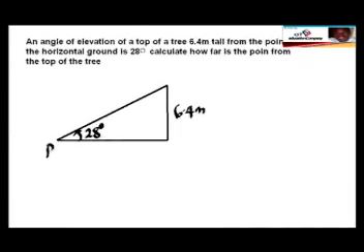This is the point P, this is the bottom of the tree, and this is the top of the tree. And they say calculate how far this point is from the top of the tree, from here. So we're looking at this part X. We don't know, so we'll call it X. Let's see.